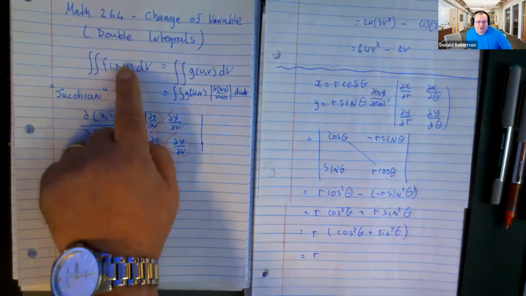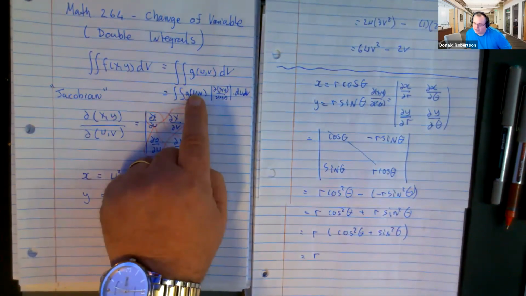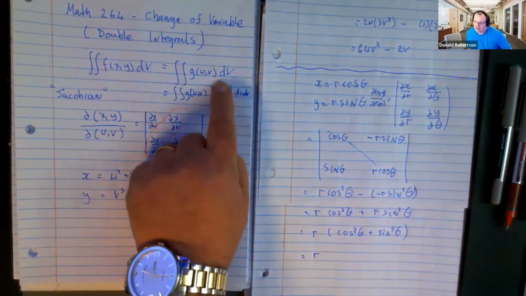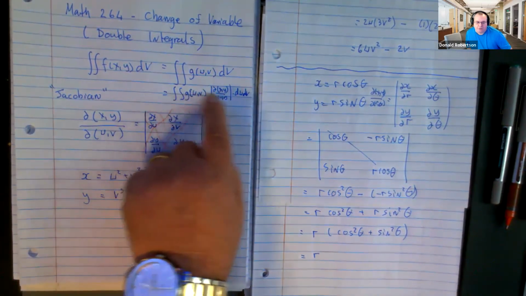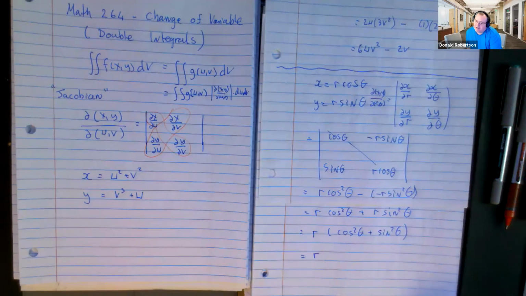So you turn everybody who's x and y's into r's and thetas or u's and v's. You multiply it by, like, a correction factor, a scaling factor, the Jacobian, and now you can integrate in terms of u and v instead of in terms of x and y. Doesn't that amaze you?